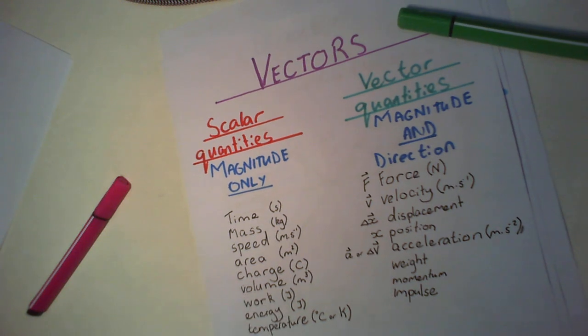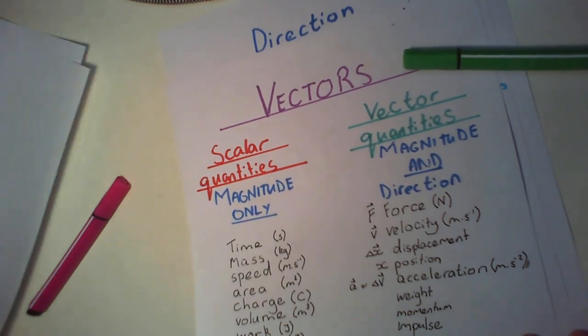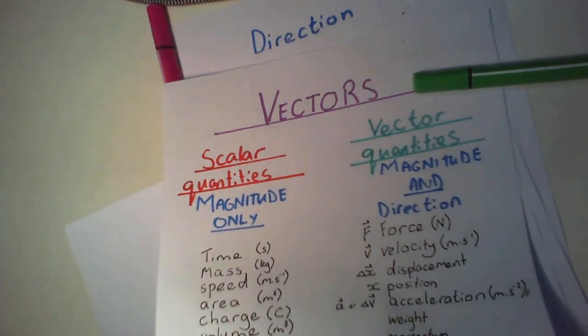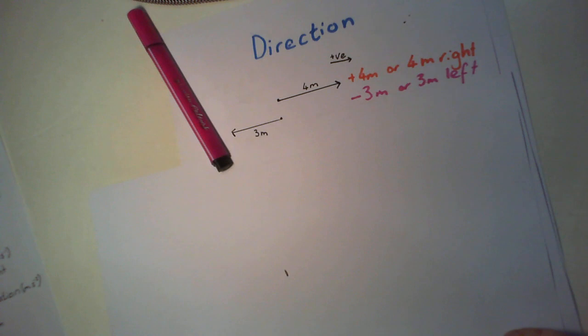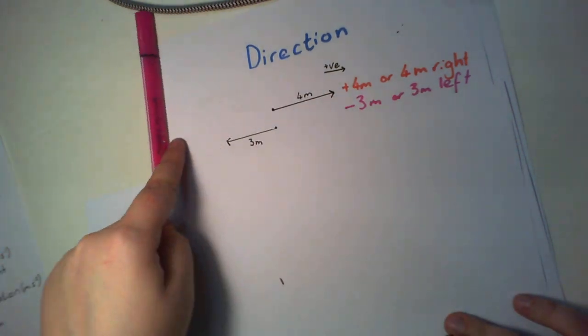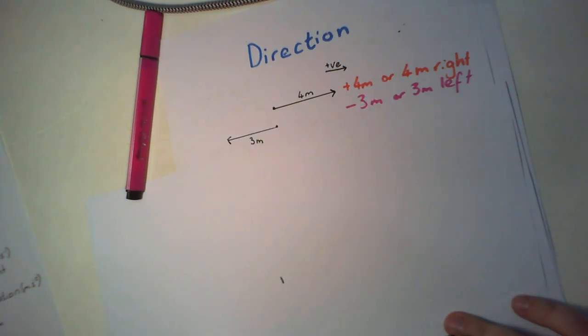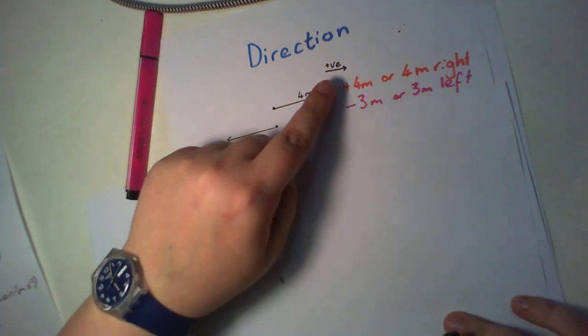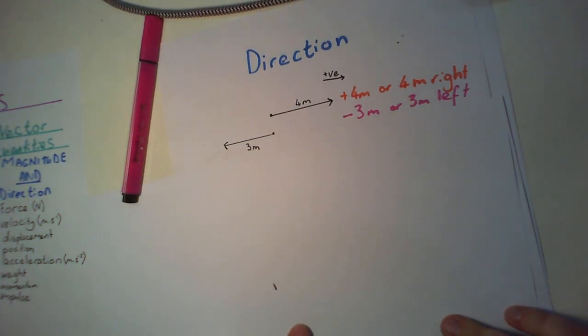Now we will discuss direction. There are different ways to describe direction in vectors. If you only have something on a flat plane, you can say it is either going to the right or going to the left. Traditionally, we say that right is positive. However, this is just a guideline and not a rule. We call it a sign convention.